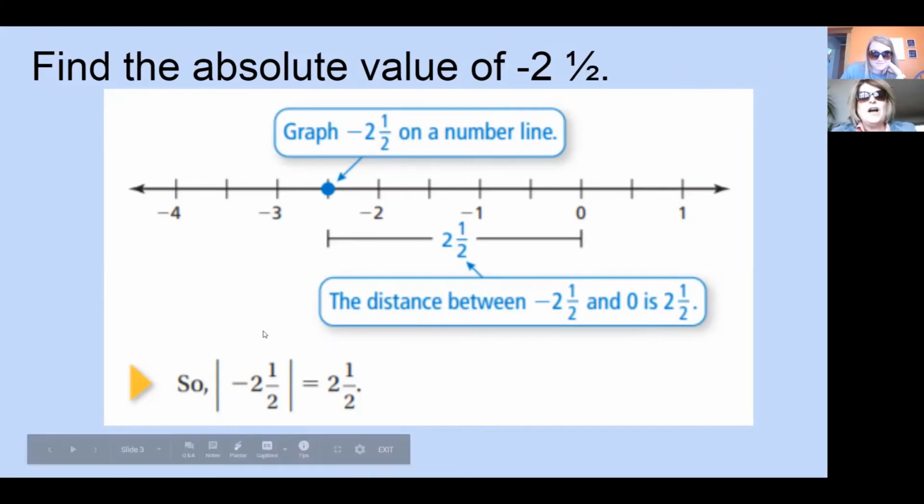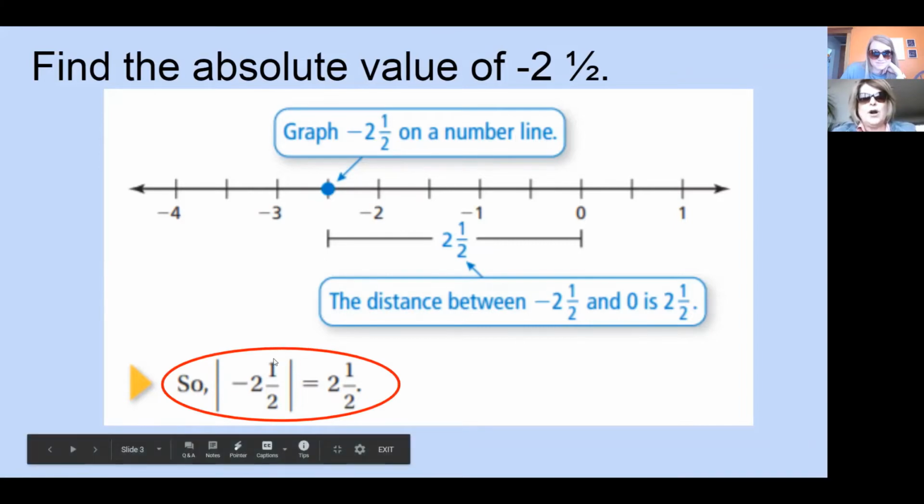That means find the absolute value of a negative 2.5. And we know that a negative 2.5 is 2.5 steps away from 0. So we wrote equals 2.5. This is my answer. Here's my problem, here's my answer. Mrs. Zimmerman, is this making sense?